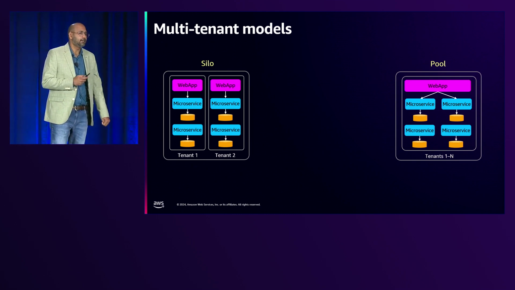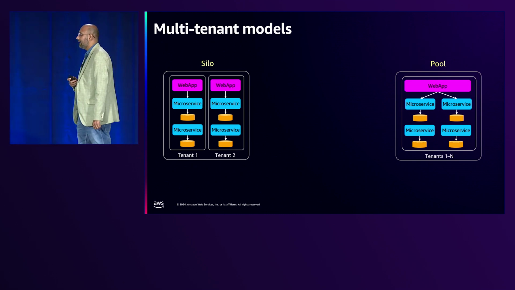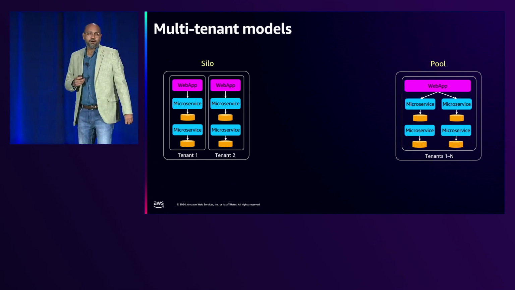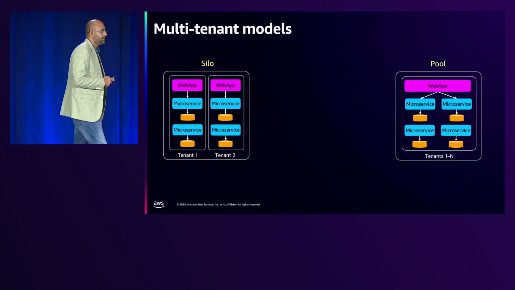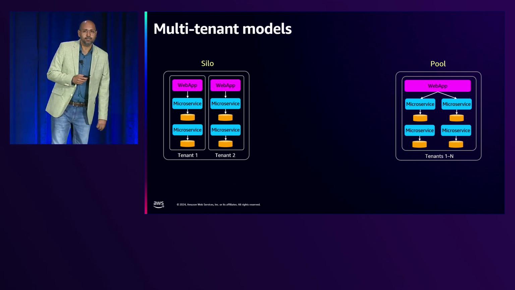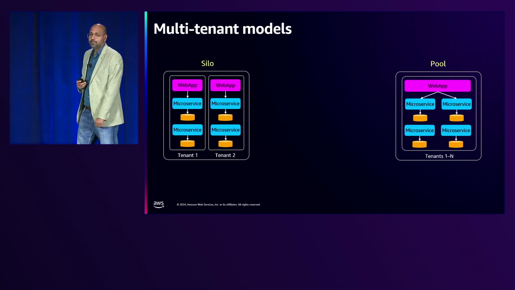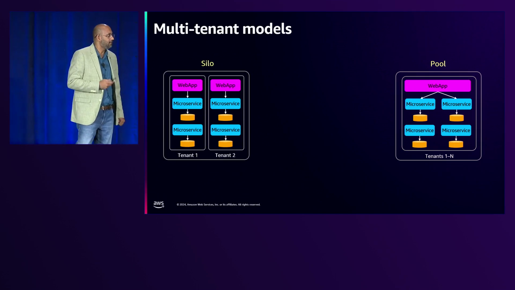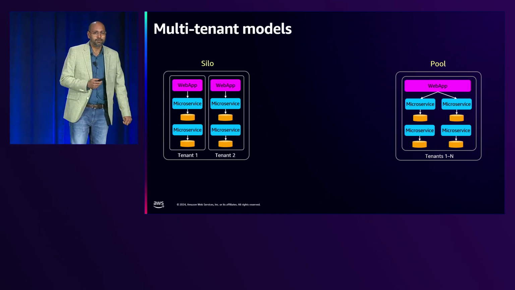This provides us better operational efficiency and, at the same time, better cost management, but it also comes with the consideration of proper data isolation. So most customers want to be in this state where they leverage the pool model, so that they gain better operational efficiency and better cost optimization.